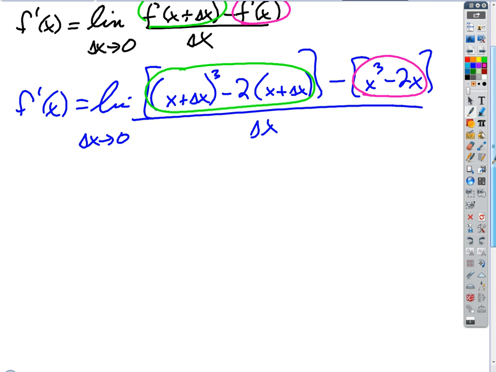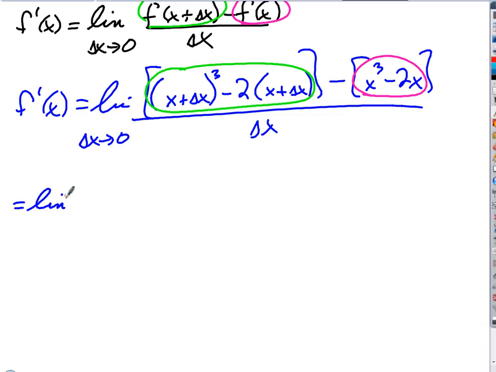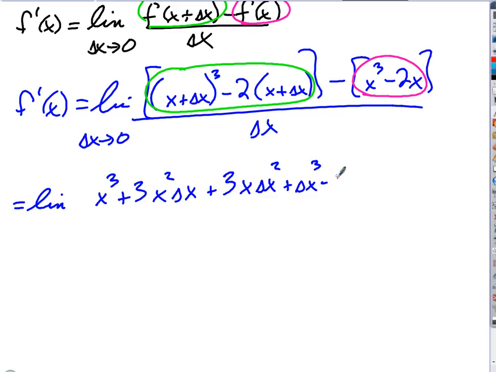So let's go through the math. On the top, can anybody tell me what x plus delta x quantity cubed is? X cubed plus 3x squared delta x plus 3x delta x squared plus delta x cubed, minus, if I distribute the 2, minus 2x minus 2 delta x, right?